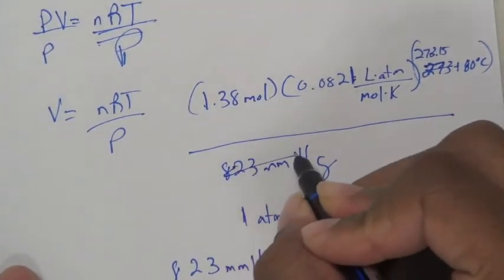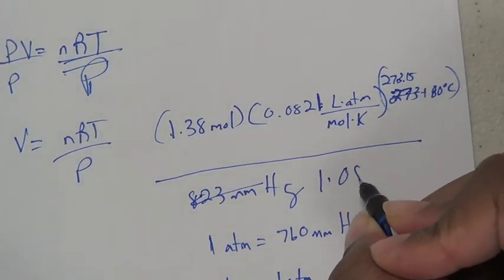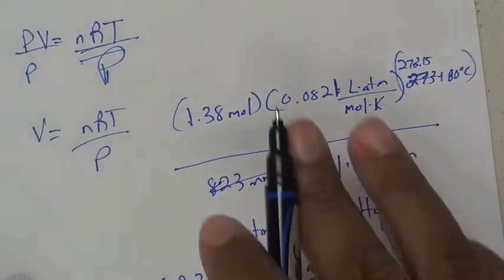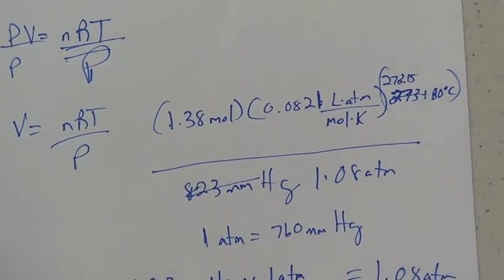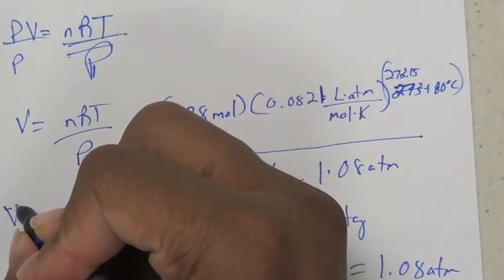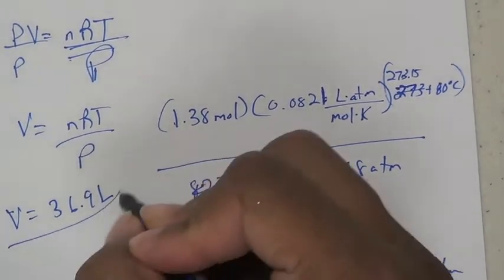So we need to put in 1, and it'd be 1.08 atmospheres. Now we plug that into the calculator and we get a volume equal to 36.9 liters.